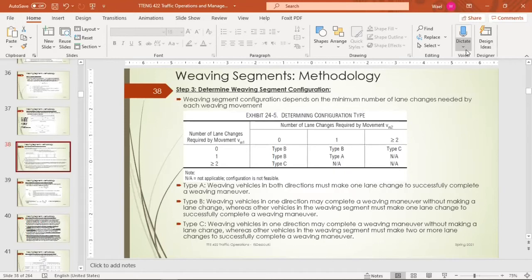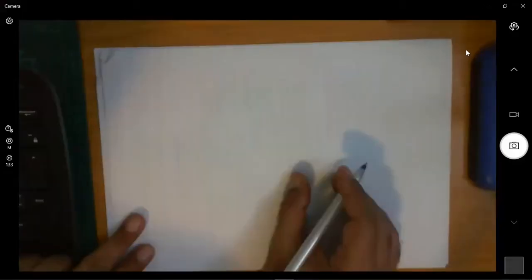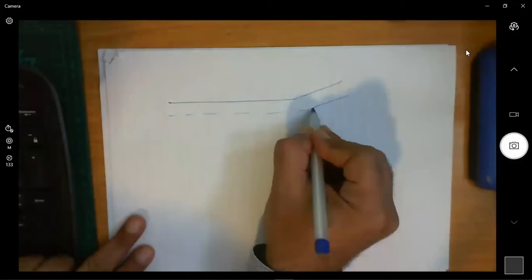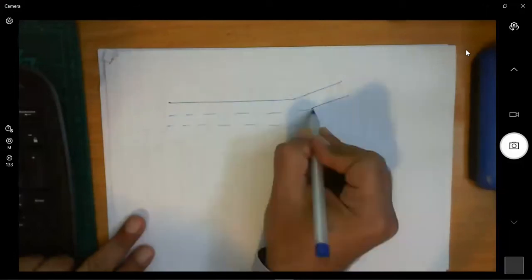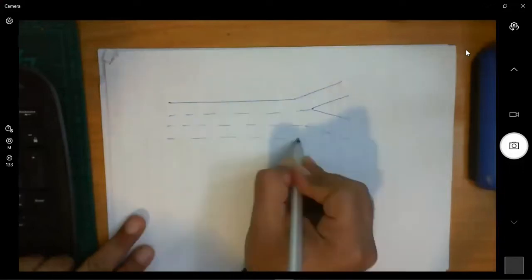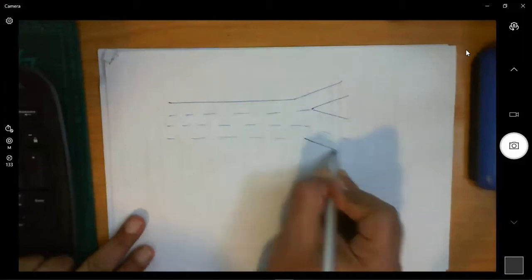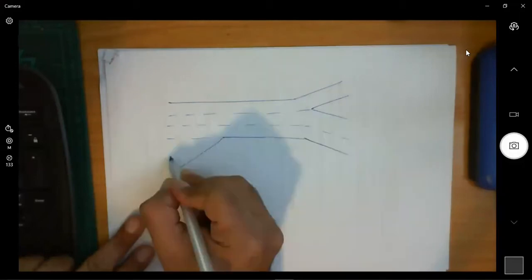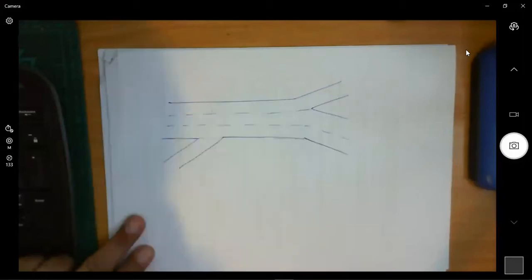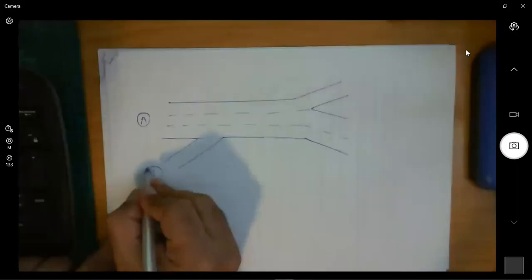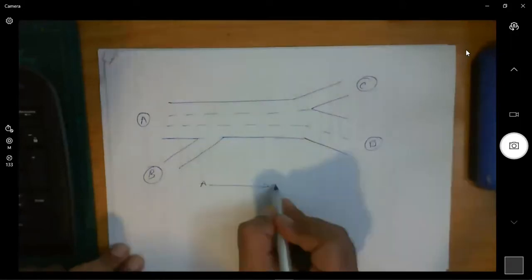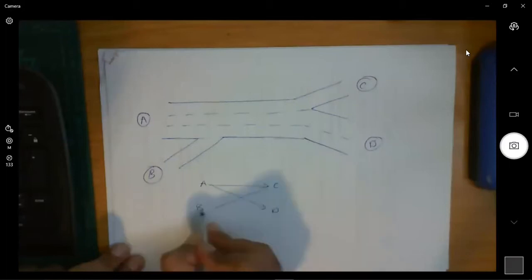Let's now see how type C can occur. If we have a freeway like this one, this is A, this is B, this is C, and this is D. So in our case, we have AC, AD, BC, BD.